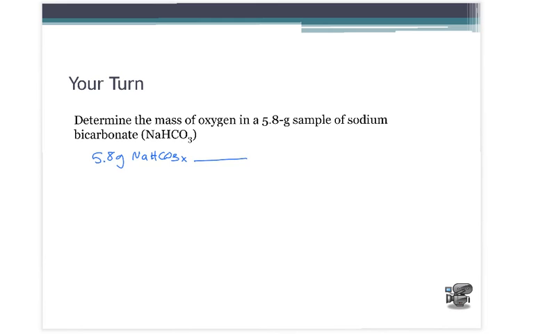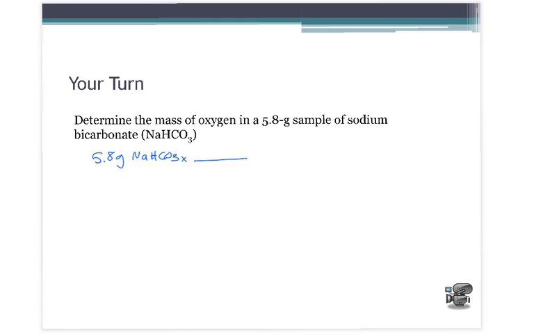Because remember, the chemical formula is saying there's 1 mole of sodium. For every 1 mole of sodium bicarbonate, there's 1 mole of sodium, 1 mole of hydrogen, 1 mole of carbon, and 3 moles of oxygen. It's not saying for every 1 gram of sodium bicarbonate there's 1 gram of sodium or 1 gram of hydrogen.